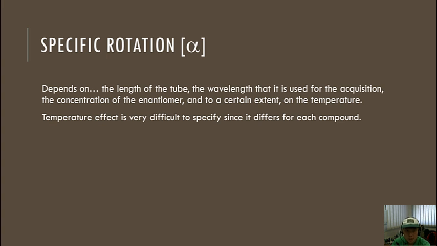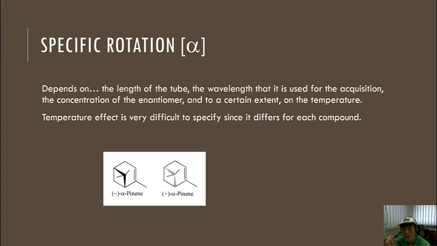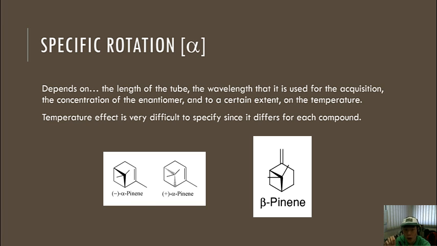For instance, the alpha value for the alpha pinene only slightly increases in the range from 0 degrees Celsius to 100 degrees Celsius, while it is almost cut in half for the beta pinene. And these two compounds only differ by the position of the alkene function.